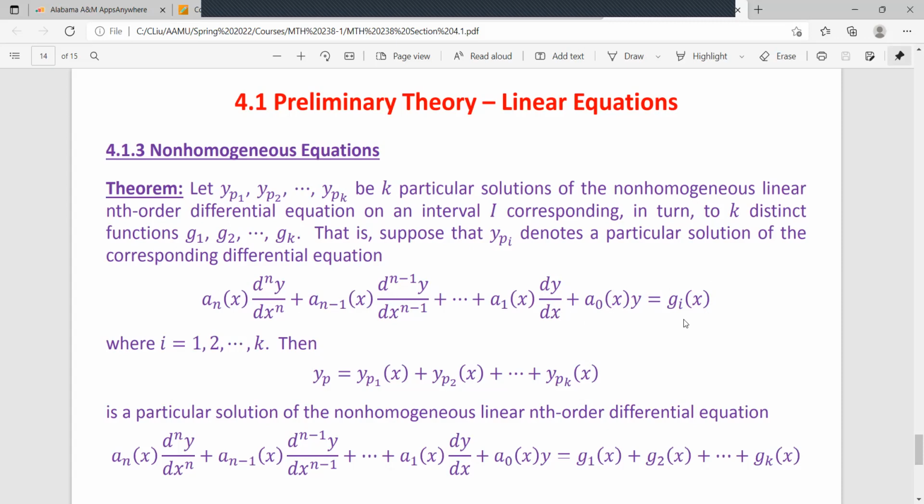So this time we have a bunch of differential equations. This g_i(x) is just a family of functions, and i is the index.